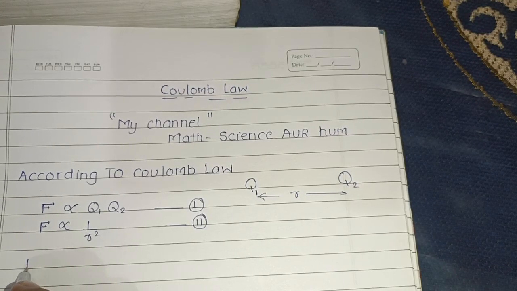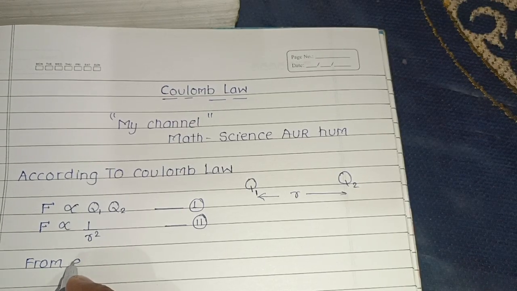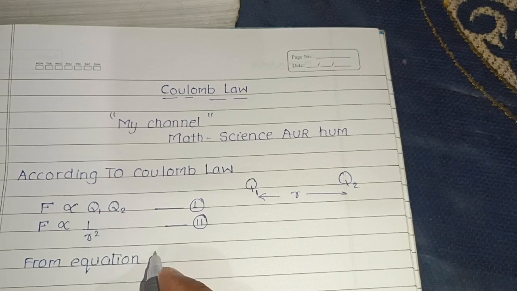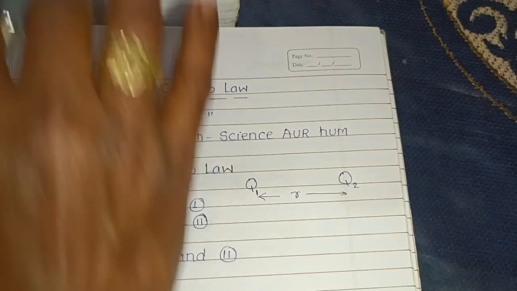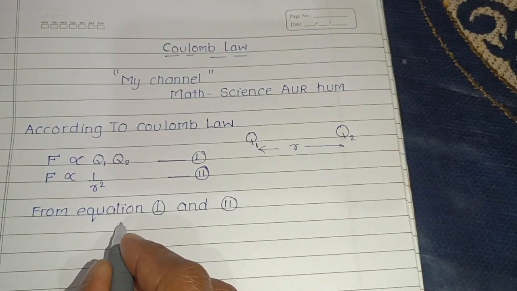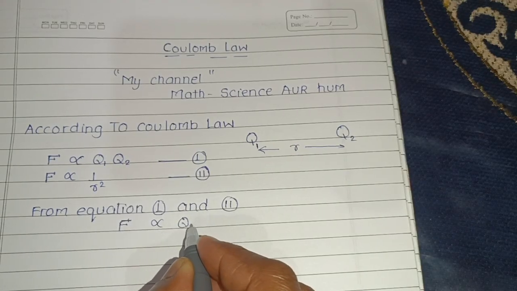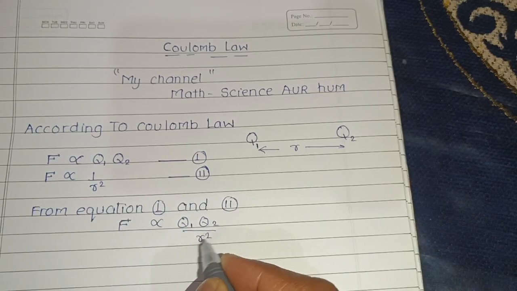From equation first and second, we will get F directly proportional to Q1 Q2 by R square.